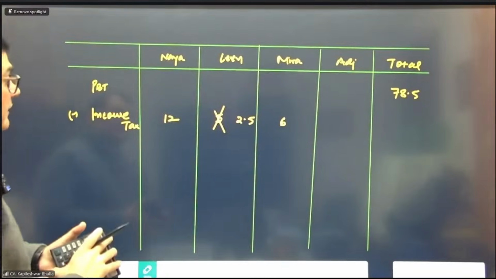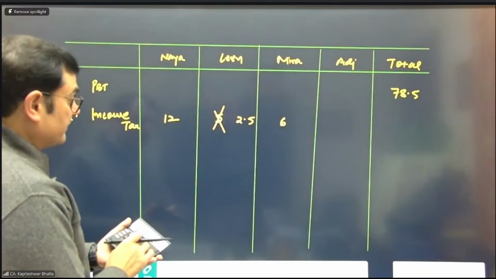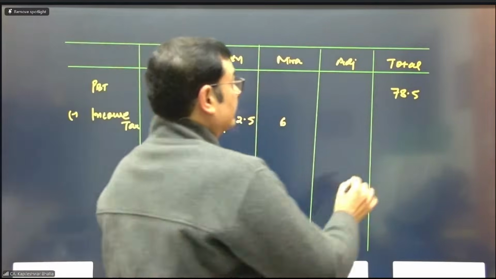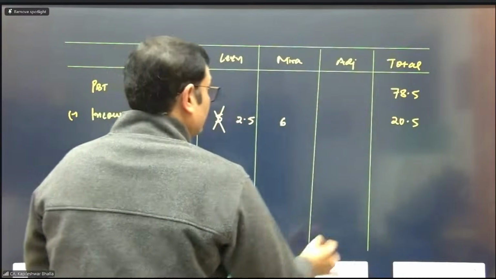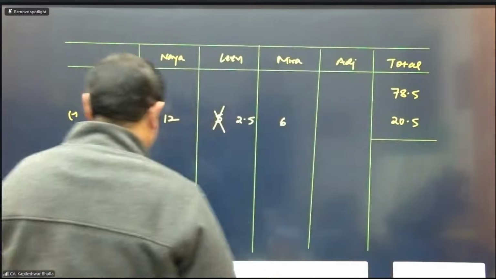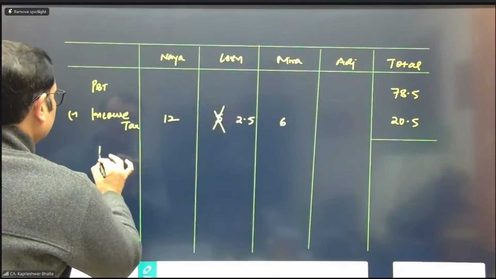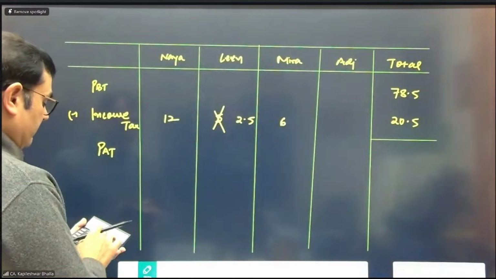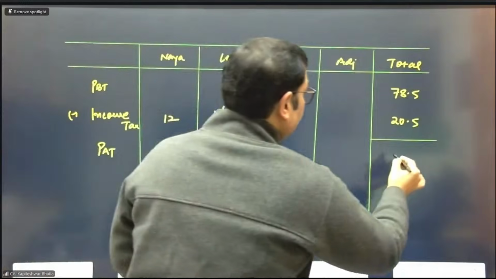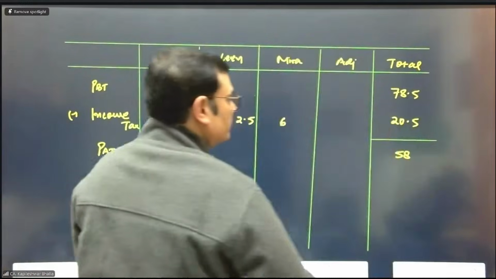I don't think so there is any adjustments pertaining to this. So that is 20.5. So this will give us the profit after tax. This is the PAT, 78.5 minus 20.5. This is 58.